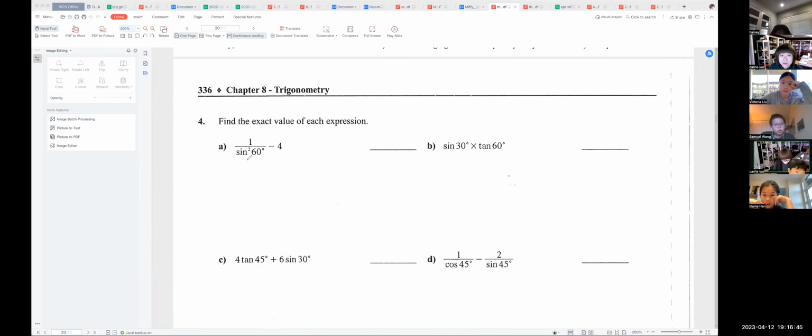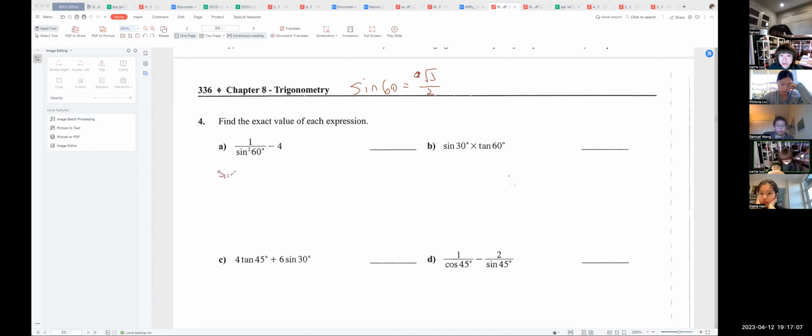Okay, everybody. So it's 1/sine squared 60. So Carrie Law probably say, oh, I wish I still remember everything. So sine 60 equals square root 3/2, right? When we're doing those questions, I want you to follow step by step.